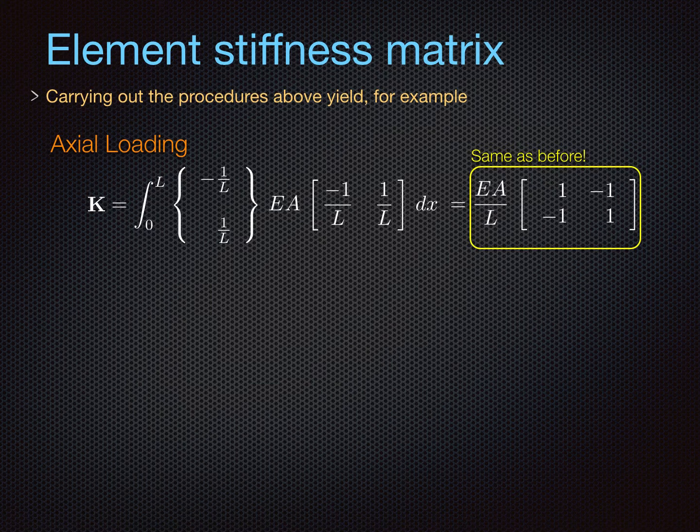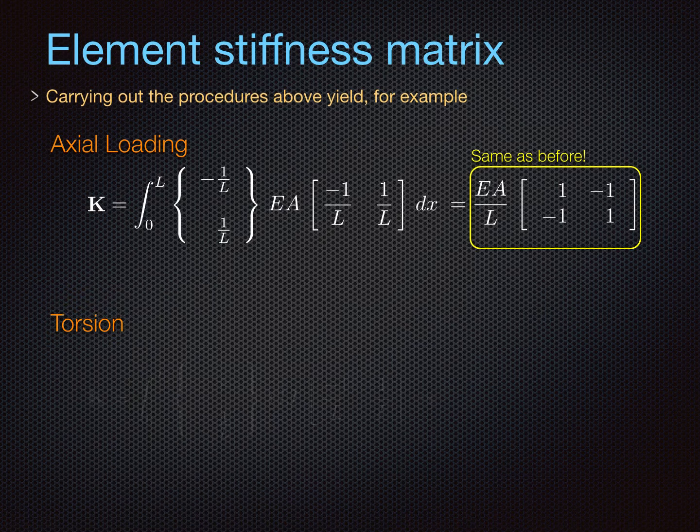And lo and behold, this is identical to what we have obtained before using analytical expressions. And this is not a surprise because in this particular case of the axial problem, we are utilizing shape functions that are exact for the problem at hand. So the stiffness matrix comes out exact and identical to what we had before.